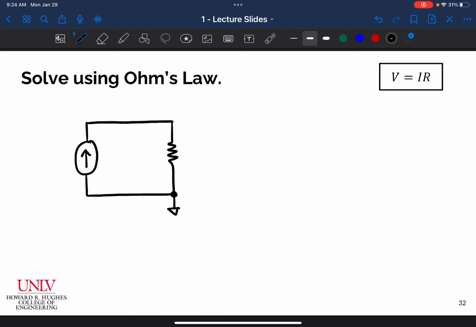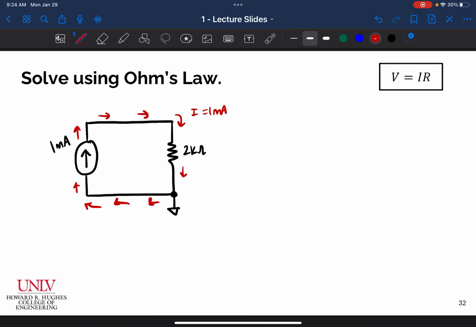Let's say that this is a 2 kilo ohm or 2000 ohm resistor, and that this is a 1 milliamp current source. What I talked about in the previous slide is that if I know that I have 1 milliamp flowing here, then I also know that I have 1 milliamp flowing all around my circuit.